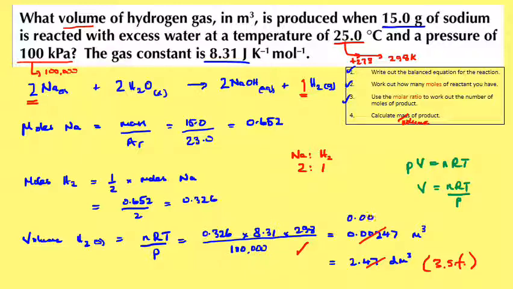This instead is 0.00808 meters cubed. In fact, we won't bother converting it into decimeters cubed because we are asked for it in meters cubed in the question. So 0.00808 meters cubed is our answer. Thank you very much. We'll try another one now.